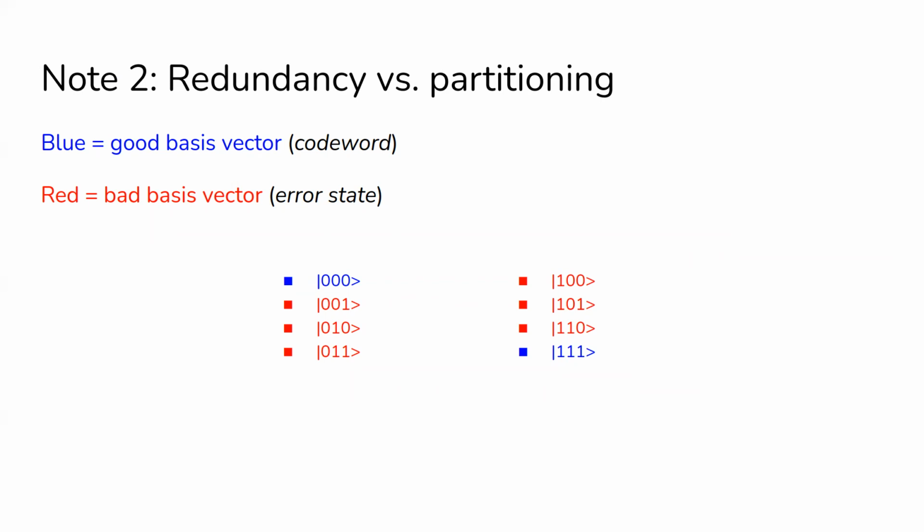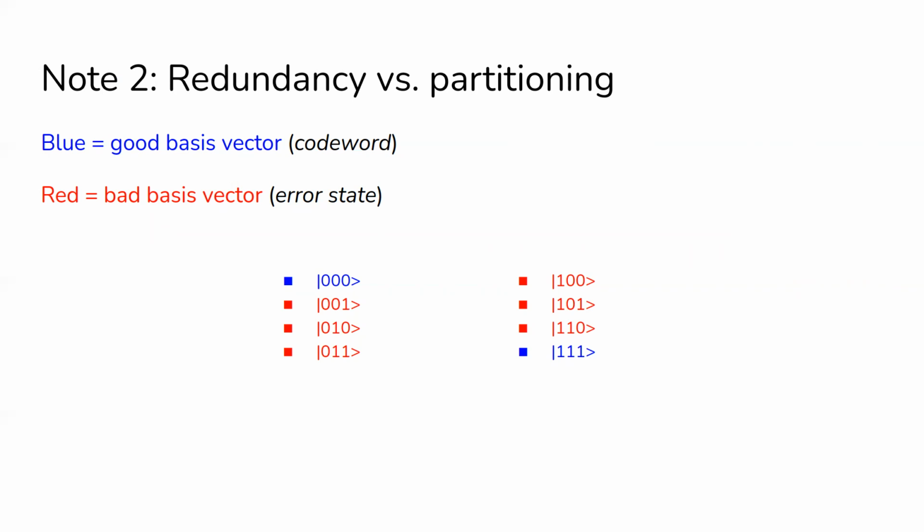With 3 qubits, we have 8 basis states, and a logical qubit is a 2-dimensional thing. So we take 2 of these basis states, 000 and 111, and we call those the good ones. Those are the code words. And every other state that appears there is now an errored state. So you can think of this as a 2-dimensional subspace of a larger dimensional Hilbert space. That's what a logical qubit is.